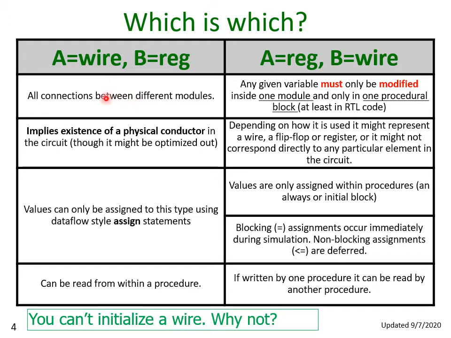But aside from optimization considerations, a wire is going to imply the existence of a physical conductor. And so when you declare a wire, you will use it to connect different pieces of Verilog code to each other. There are some restrictions on how you can use wire types.